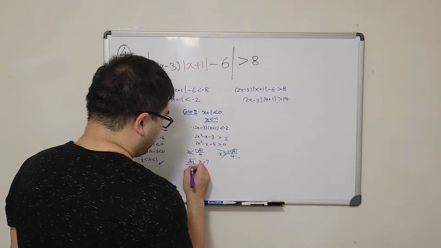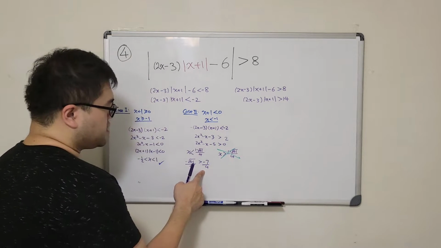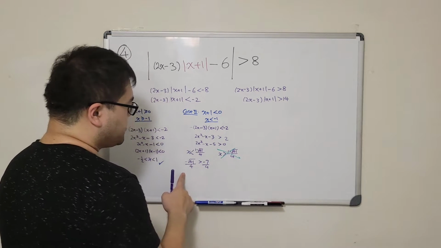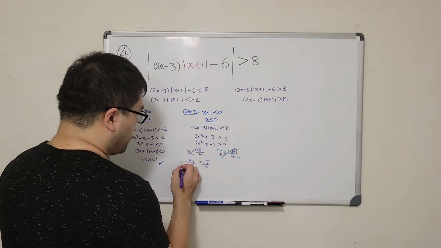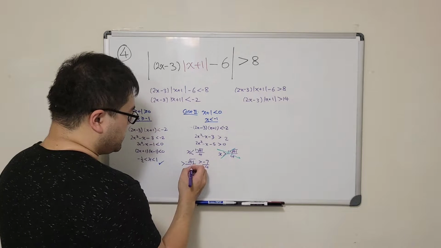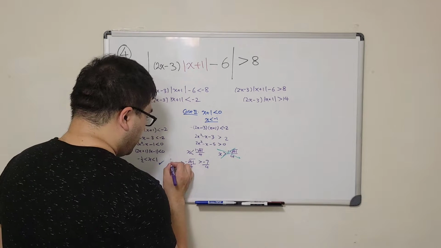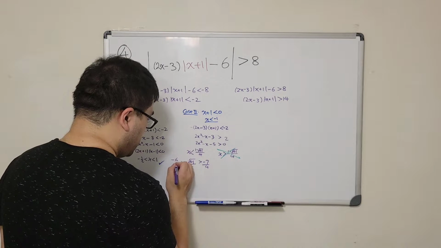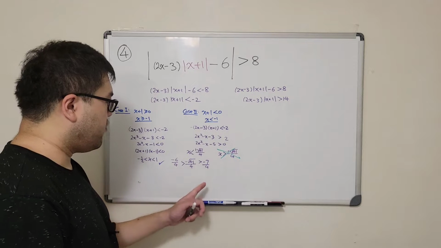So if we divide by 4 on both sides, we get this. And perhaps we need to use some calculations here. We know that 41 is bigger than 36. So we can see that it is bounded between negative 6 over 4 and negative 7 over 4.